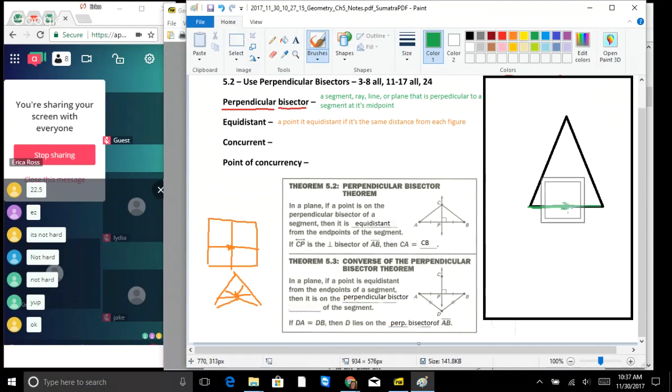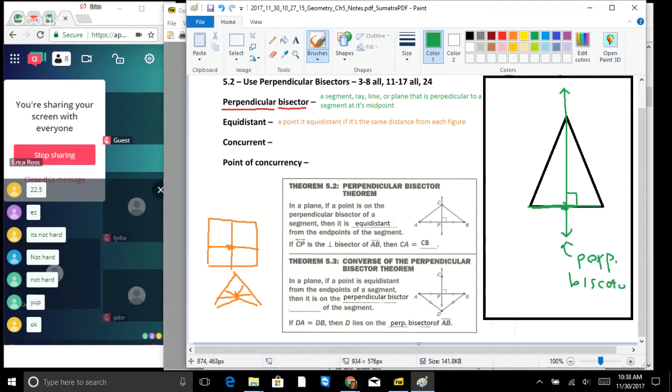If we take that midpoint and we draw a line that is straight through the midpoint and at 90 degrees, this line is going to be my perpendicular bisector.